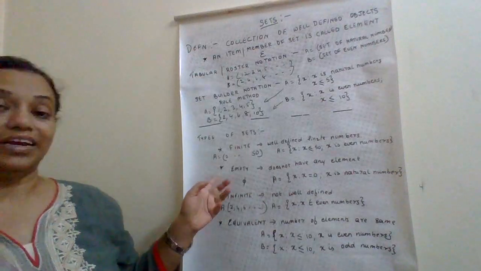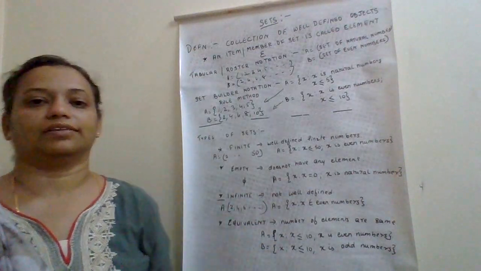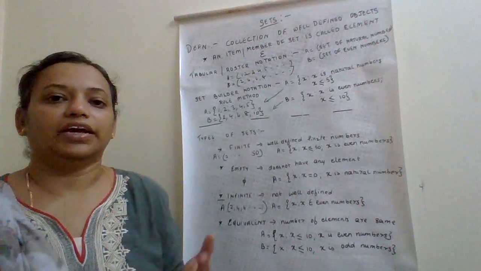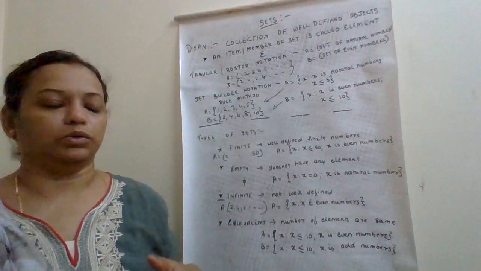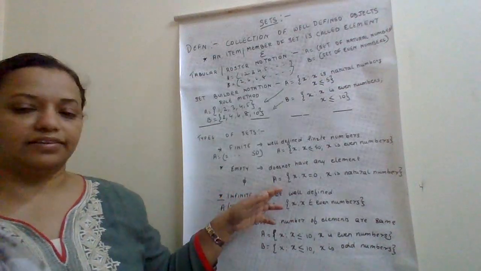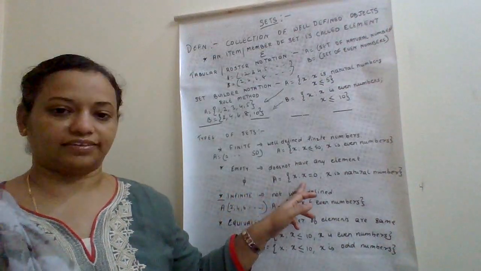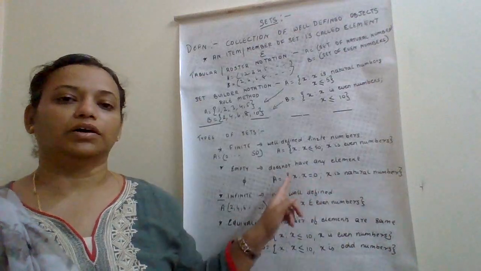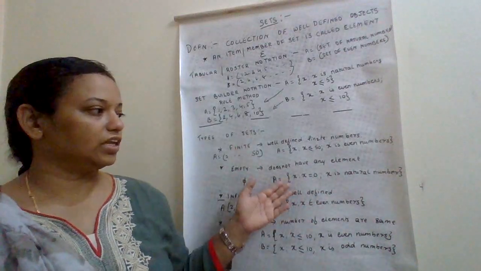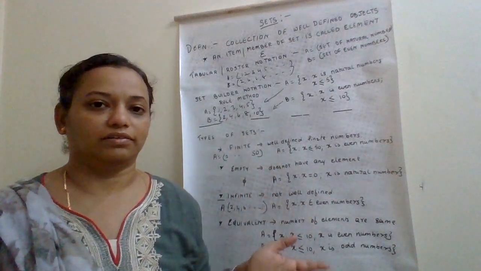Now we shall see what is an empty set. An empty set is something which does not have any items in it at all. You define it but no items will come into it. For example, A is represented as X such that X equals 0, but X is a natural number. 0 is not a natural number. So there is no number which represents like this.